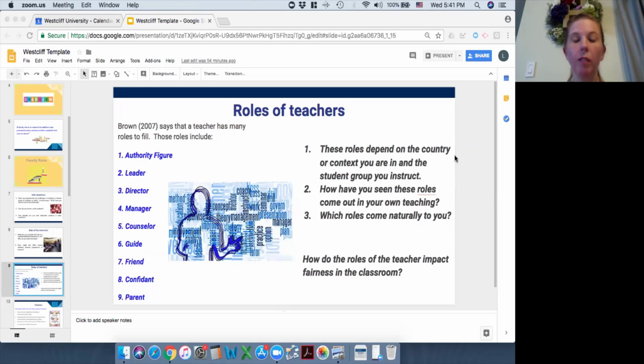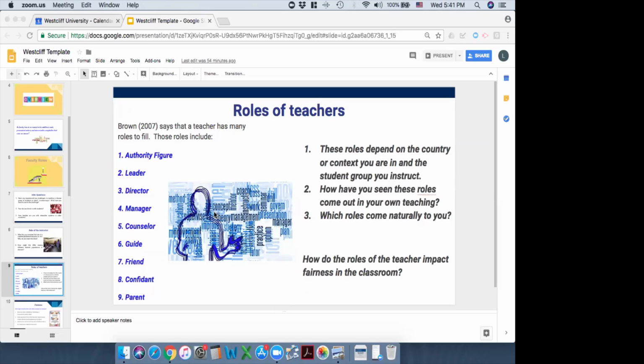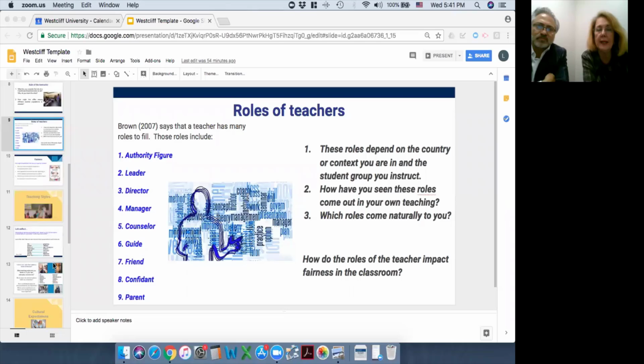Yeah, really good points. Also, I think it's really interesting that Brown says that a teacher has many roles to fill. And in our breakout session, we talked about filling the roles interchangeably during the same time period, and not having difficulty with that, as compared to picking one or two of these roles and living that one at a time with an emphasis.